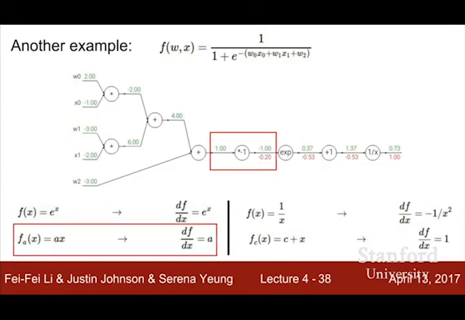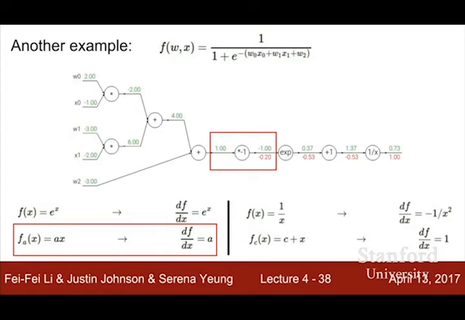Okay, so now one more node here. The next node that we reach is going to be a multiplication with negative 1. So here, what's the upstream gradient coming down? Negative 0.2. And what's going to be the local gradient? You can look at the reference sheet.